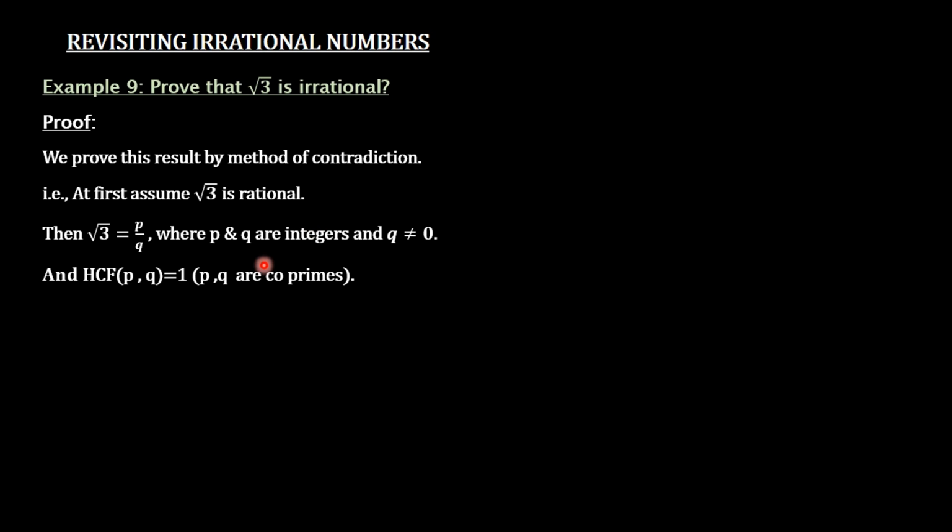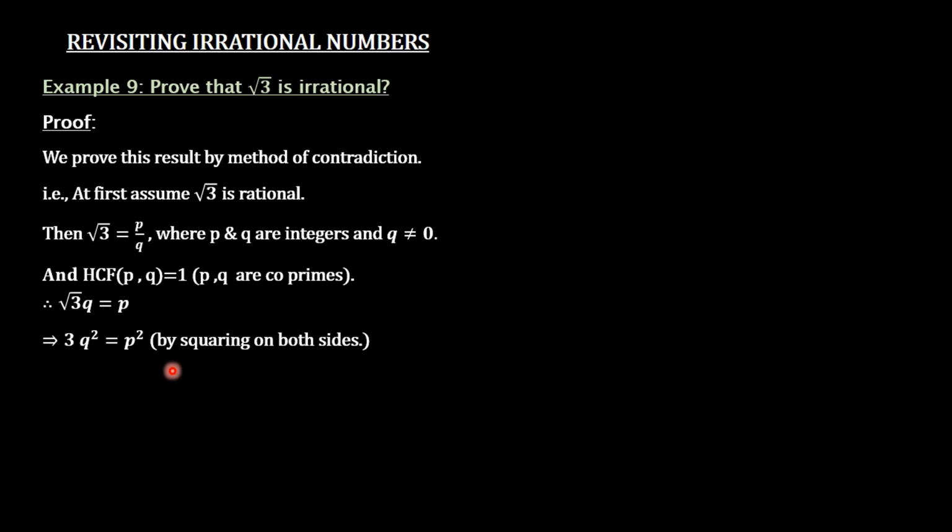Then, similarly to the previous problem, we square both sides. Then 3Q square equals P square. What is P square here? P square is a multiple of 3, or 3 divides P square.